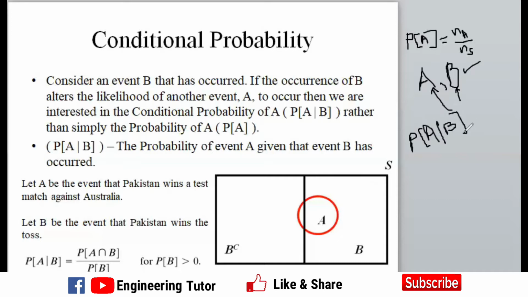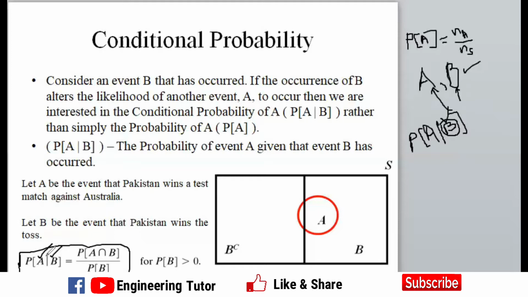Anything on the right side here will be the event which has already occurred. So for finding the probability of this event, we should have a formula, which is this one. This is the formula in which you want to find the probability of A such that event B has occurred.